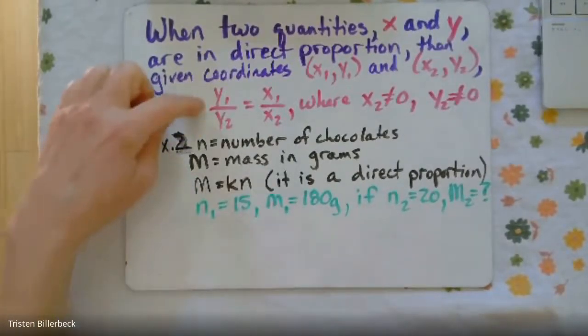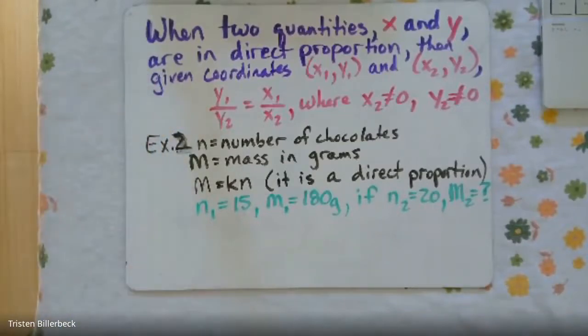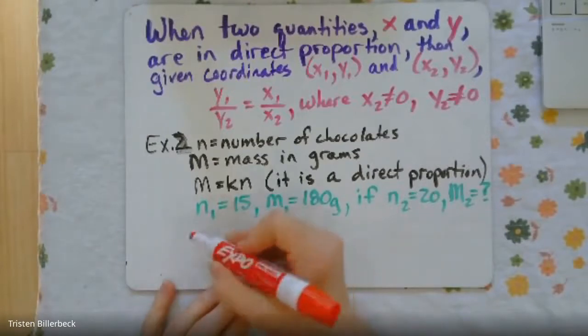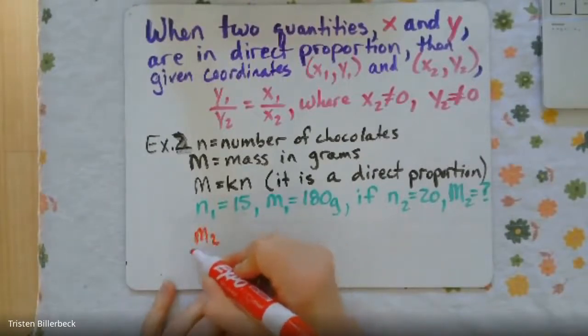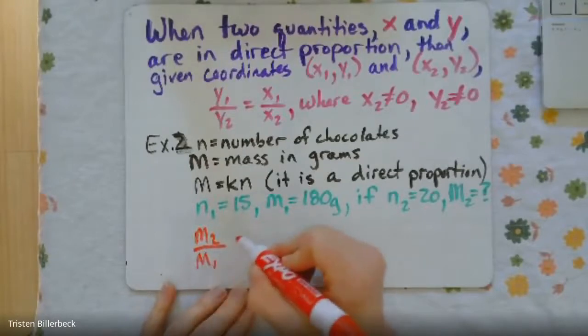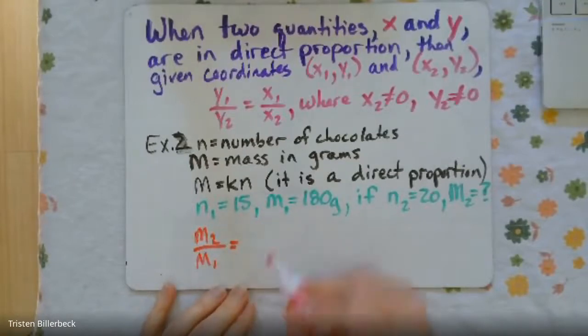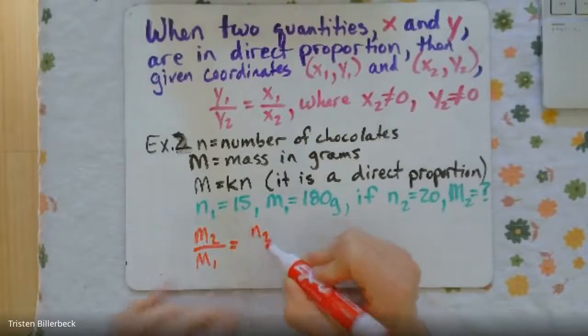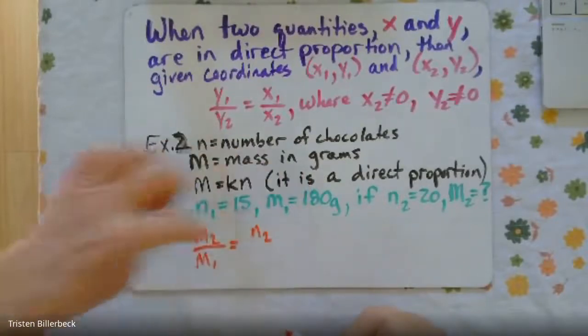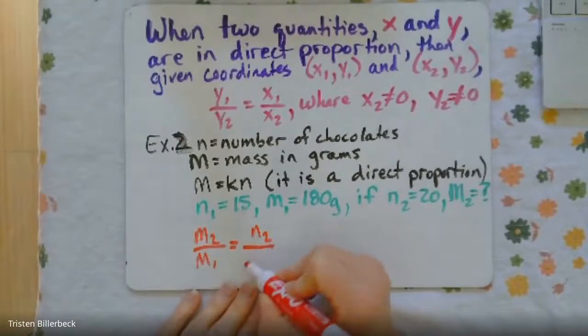Wait a second, we just had this. I think we have to use that formula. We're trying to find m2, so we want that on top. M2 over m1 equals n2, which goes with the m2 on top, over n1.